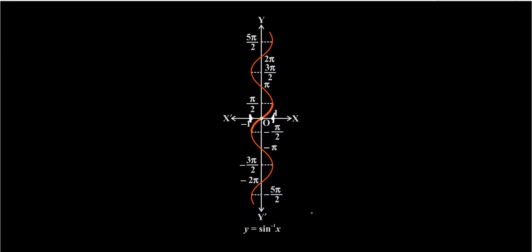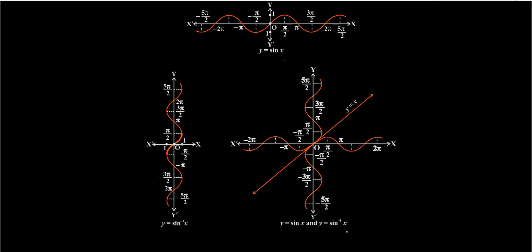If we plot both of the graphs in one single graph, this is the graph of the sine function and this is the graph of the sine inverse function. If we draw the line y is equal to x, this line splits midway at the origin. If we take one side of this line, the graph of the sine inverse function is exactly placed on the graph of the sine function on this same side of the straight line.